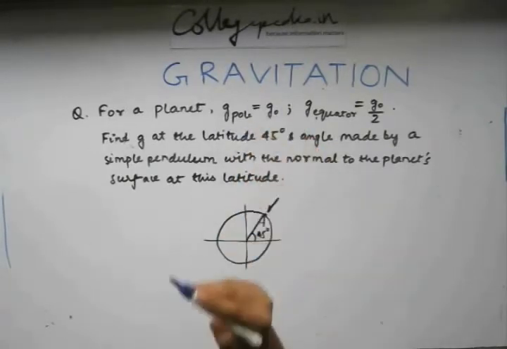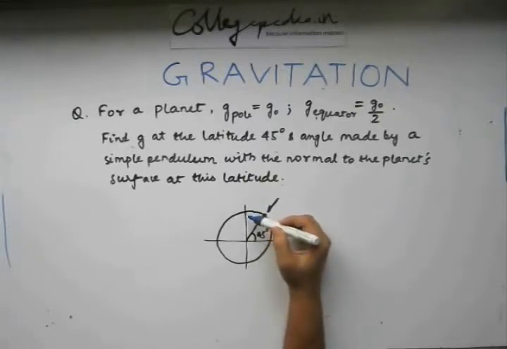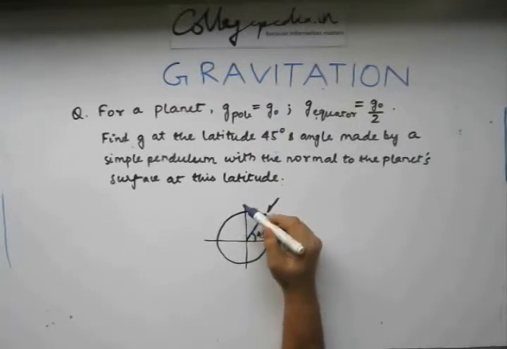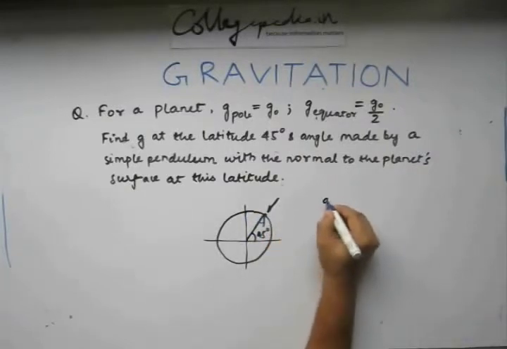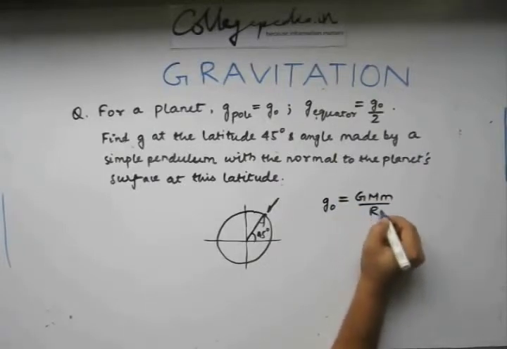Let us look at the pole first. At the pole, we are sure of one thing, that it will not be experiencing any centrifugal force because it is right at the axis of rotation. The only force acting here is the vertically downward gravitational force. So the g naught which is given is nothing but GMm by R square.